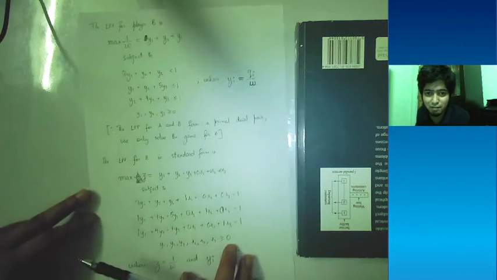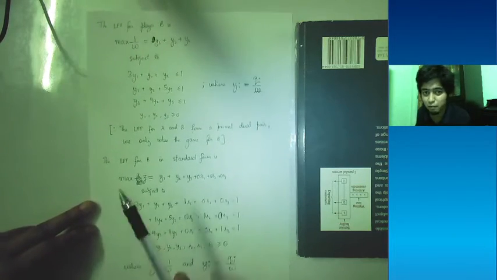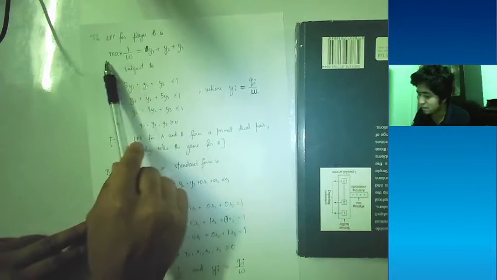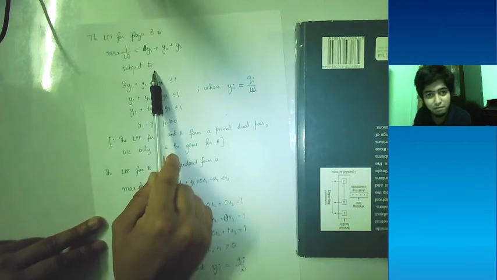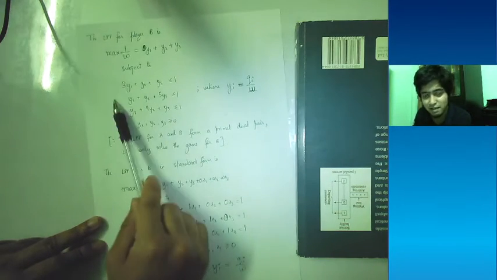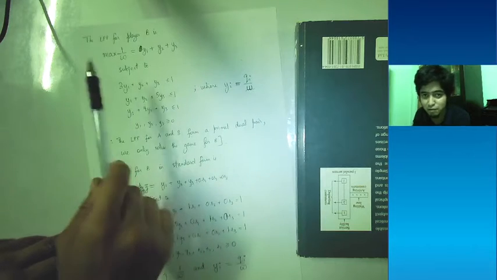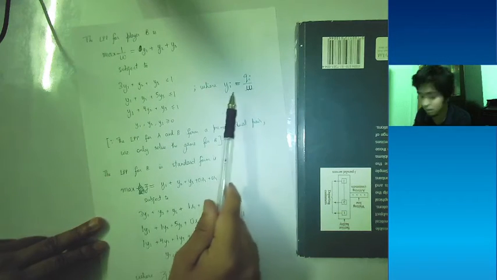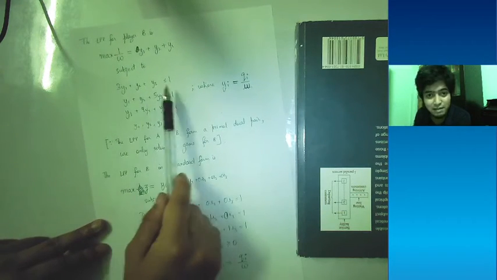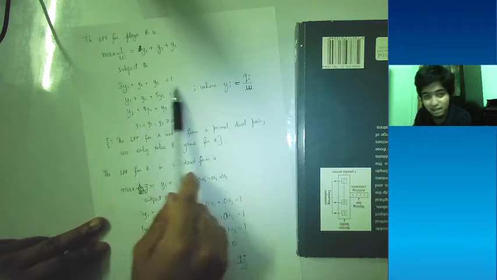Now what is the LPP for player B? For player B, the LPP is max 1 by W. Again, it will always be y1 plus y2 plus y3 subject to these constraints. You should also take note that for player A, it is 1 by U, and for player B, it is 1 by W. How did I get these constraints?